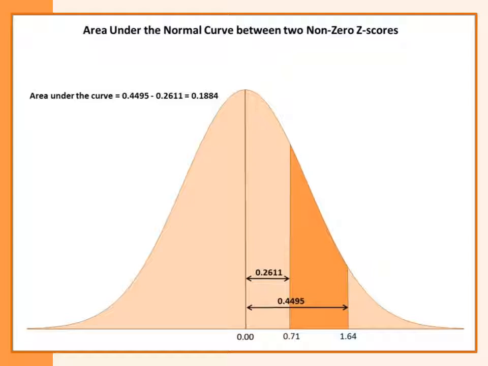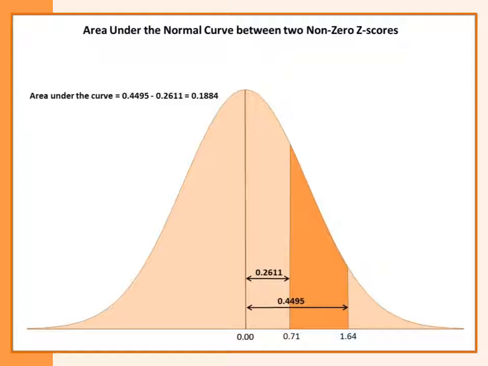a z-score of 1.64. Now in this case, what's different from what we've done before is that both z-score values fall to the same side, that is to the right of the curve. They both are positive values, so both are above the mean. We're trying to find the area that falls between the z-scores.